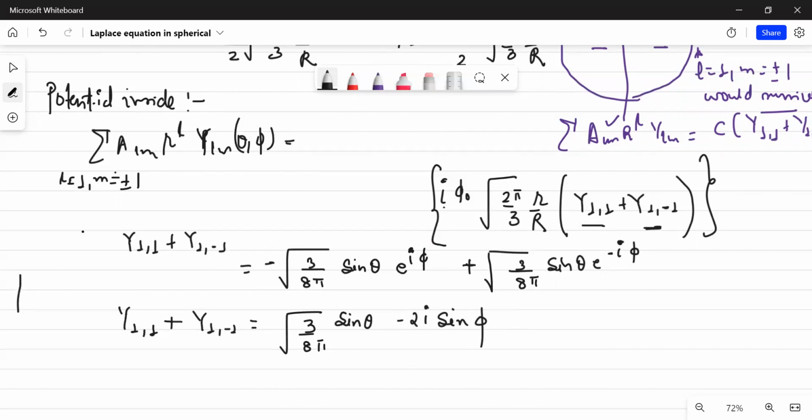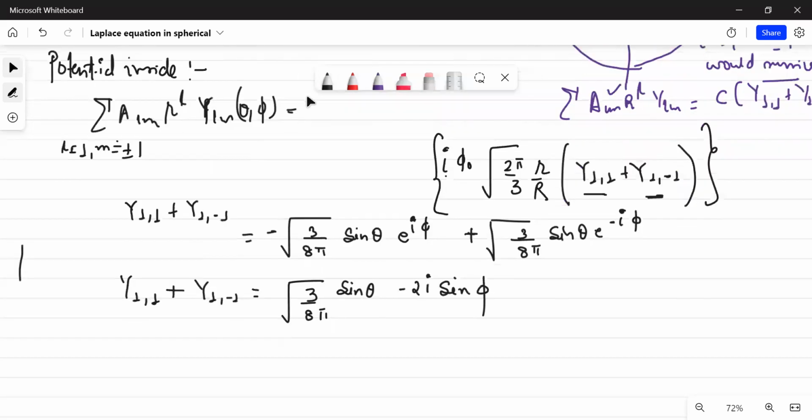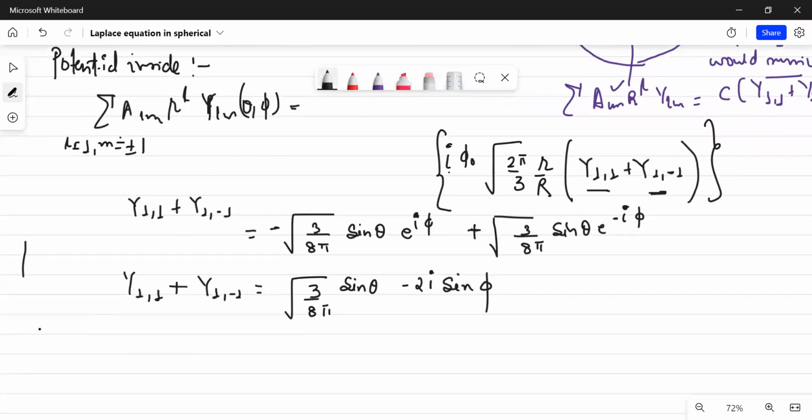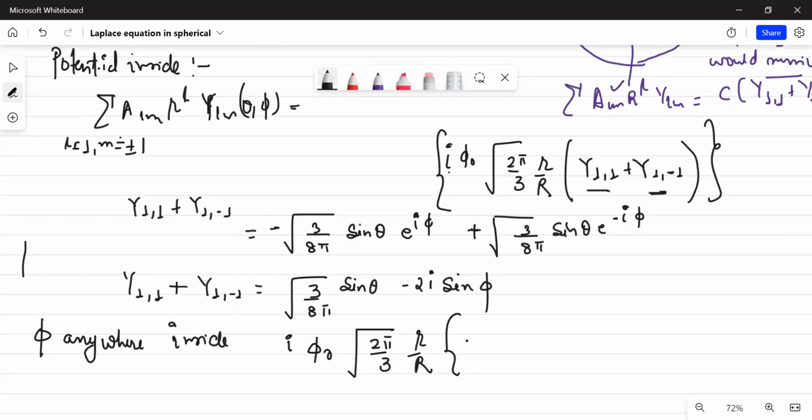So if you replace this here, so what we'll get? Your phi inside, potential anywhere inside will be given by iota phi naught root over 2 pi upon 3, and then you have this r upon capital R, and then you have this minus 2 iota sine theta sine phi, and then you have this root over 3 upon 8 pi. This is how it is.